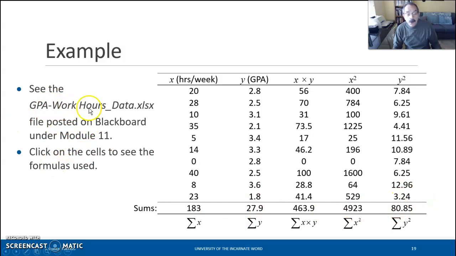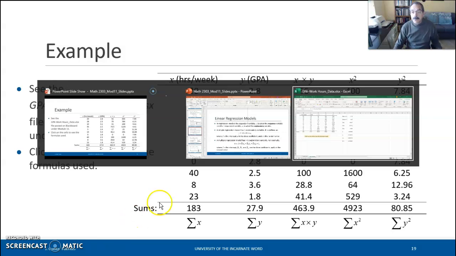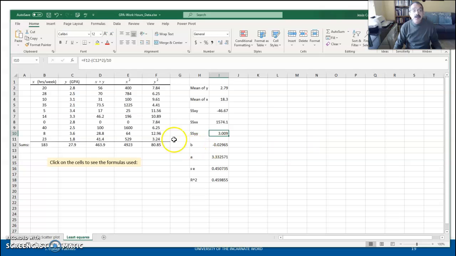Again, go to this worksheet, click on the cells, and you will find the formulas that I use for each calculation. In fact, let me just go there briefly to show you what I'm talking about. So this is the worksheet that is posted on Blackboard. Click on this tab, least squares, and this is the original data.